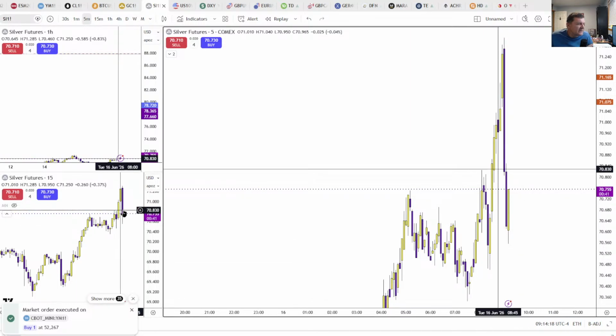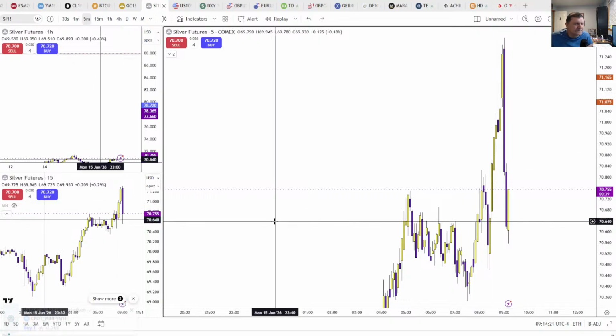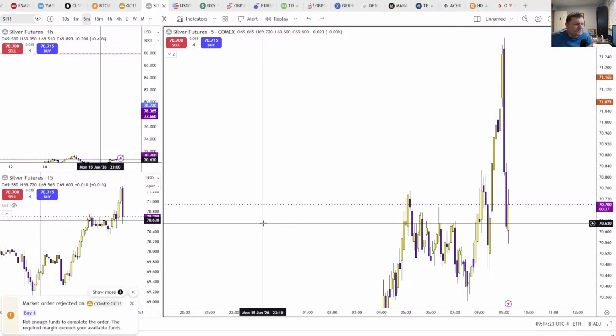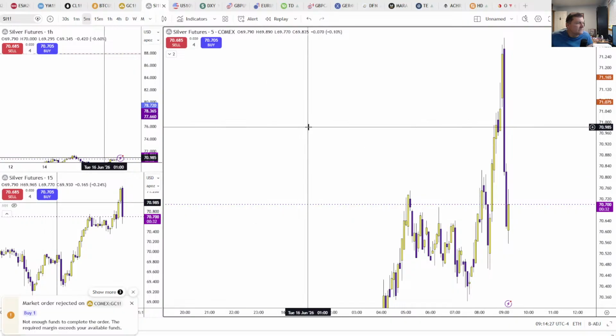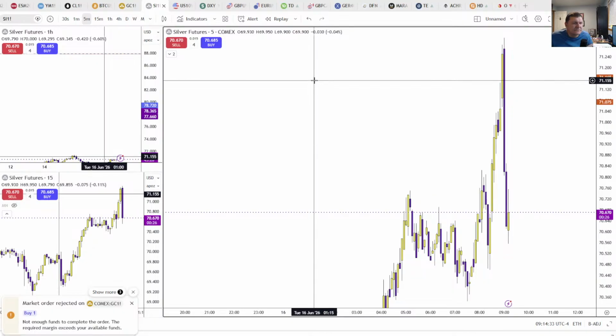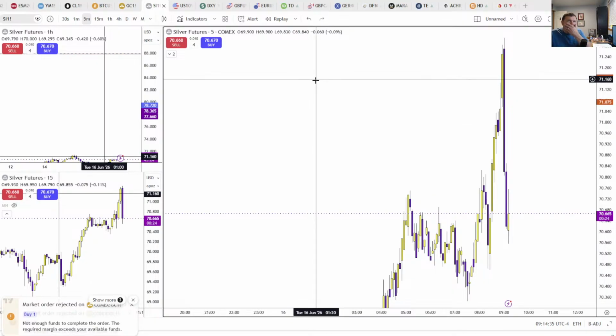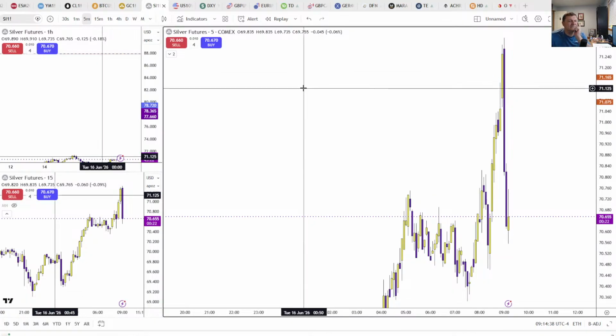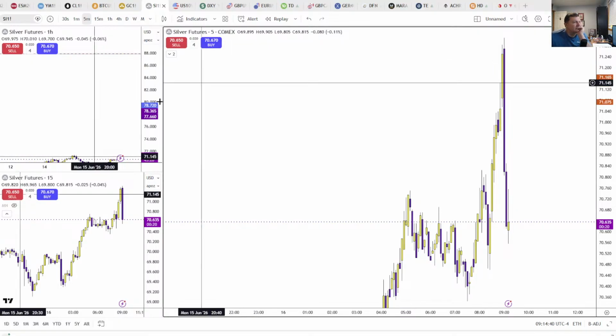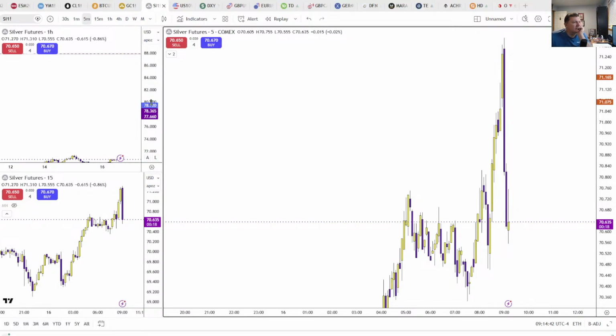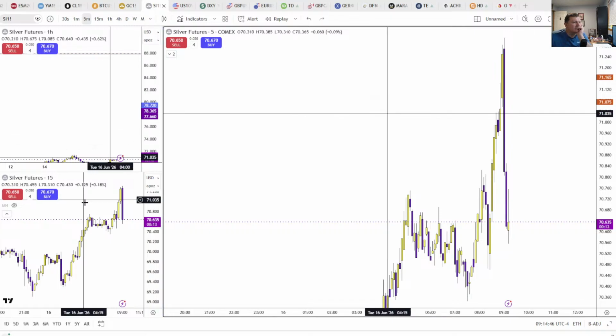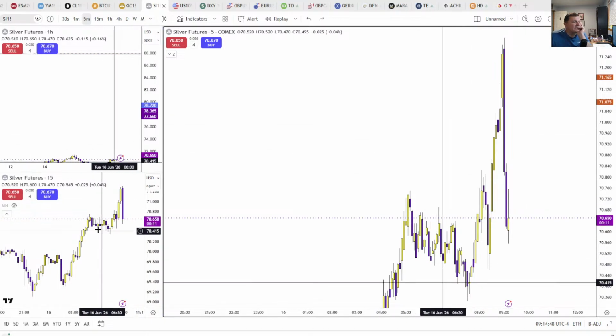$44. You want to see this silver close below here. It's got to break this market structure here.